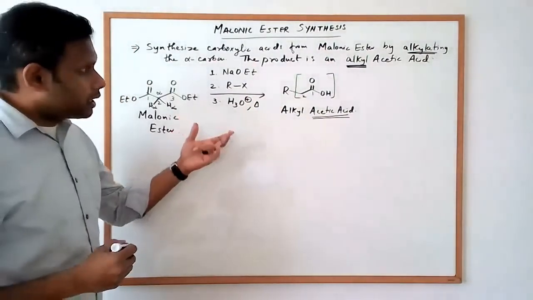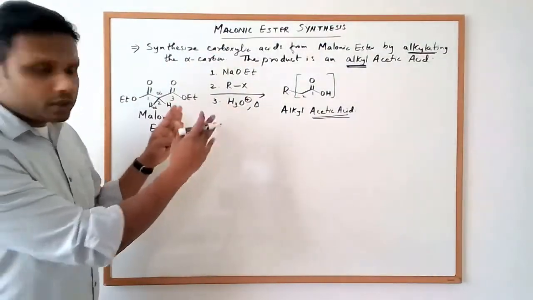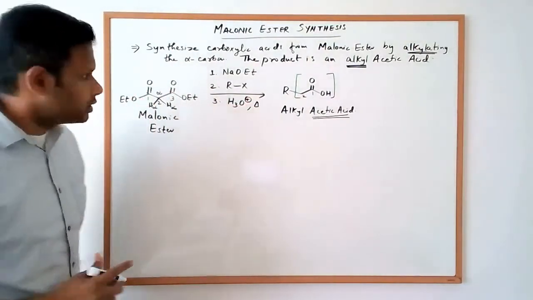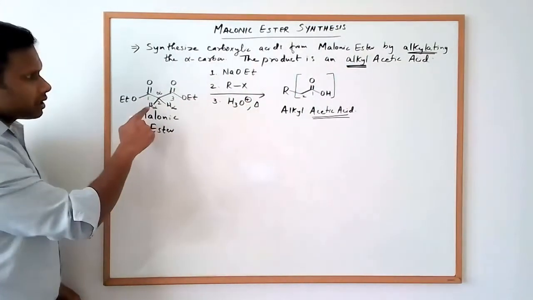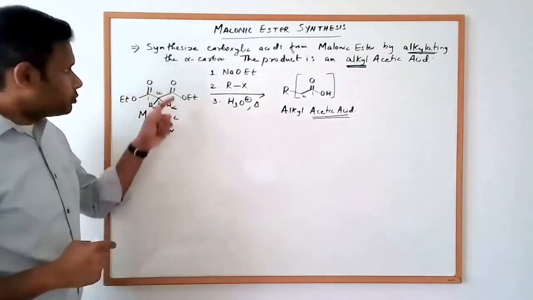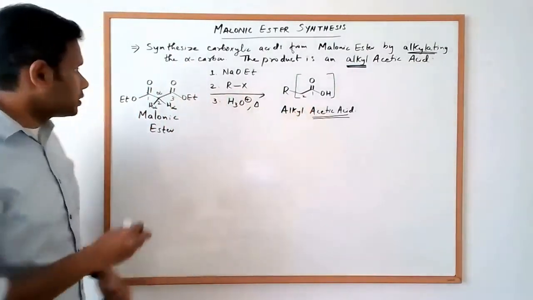Let's look at the mechanism, but before that, let's also try to match the product with the reactant here. If we compare the reactant to the product, it seems like we're keeping one of these ester groups, or one of the acyl carbons is retained in the product.